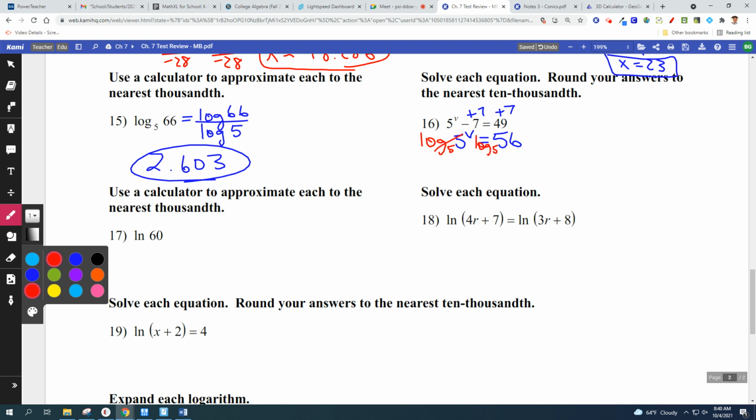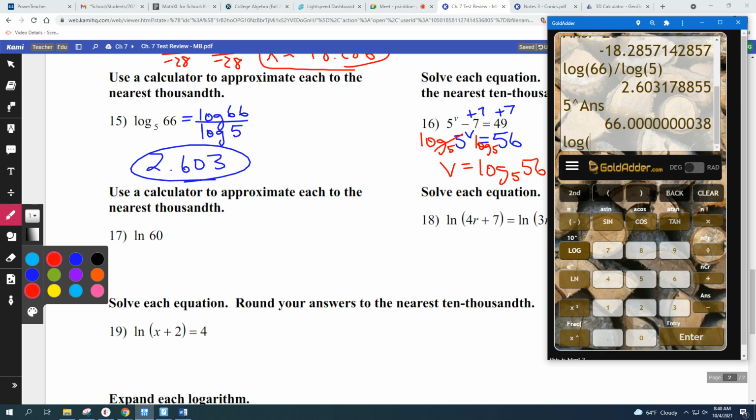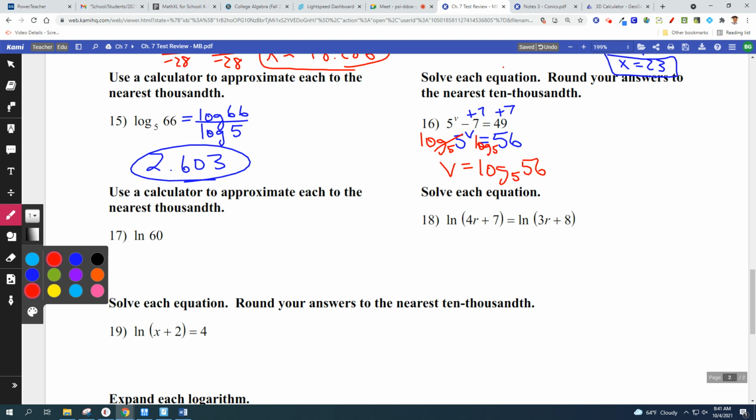Log base 5 cancels out your base 5. V equals whatever log base 5 of 56 is. So again, I can use my change of base formula, log 56 over log 5. 2.501. It says round to the 10,000th, so 2.5011.